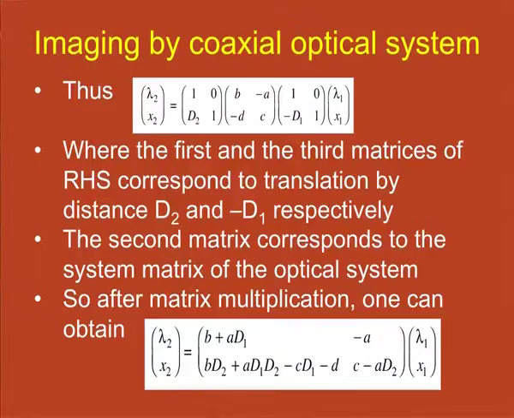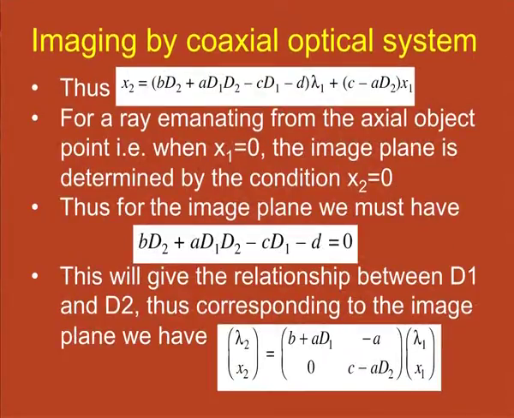So, after matrix multiplication, one can obtain the following equation, that is the column matrix of lambda 2 x 2 is equal to the multiplication of the square matrix b plus a d 1 minus a b d 2 plus a d 1 d 2 minus c d 1 minus d and c minus a d 2, and this is multiplied with the column matrix of lambda 1 x 1.